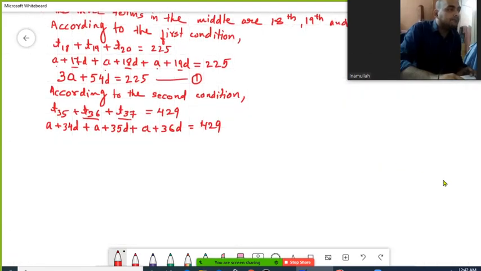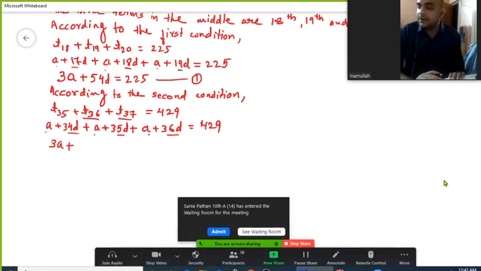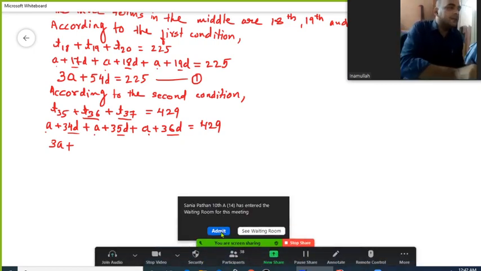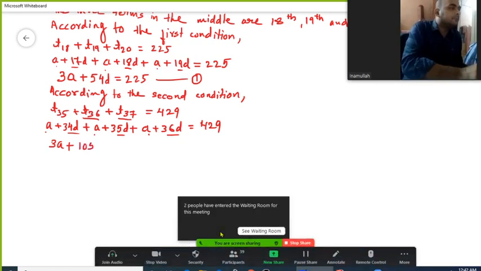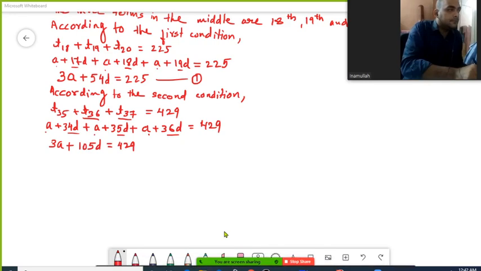Now this can be expressed as 3A plus 34D, 35D and 36D. The sum of these three terms gives me 105D, which is equal to 429. And this is my second equation.